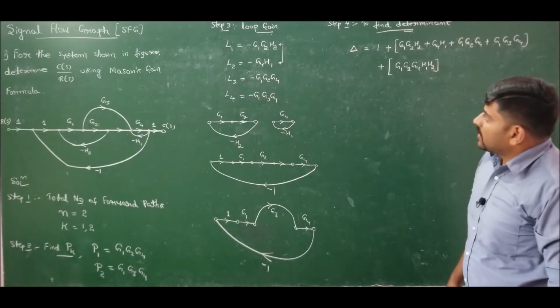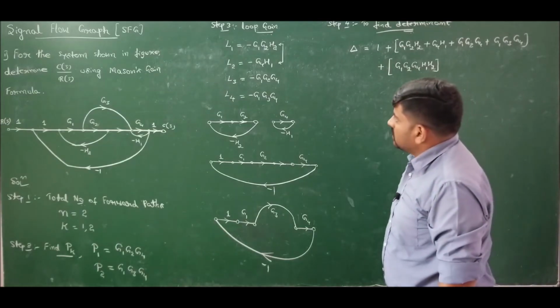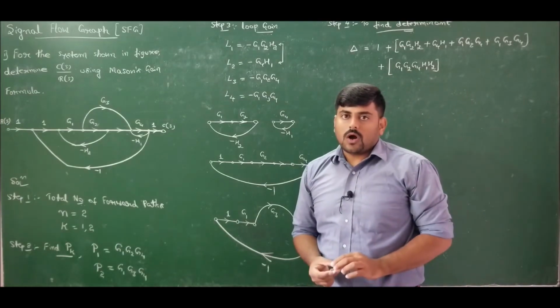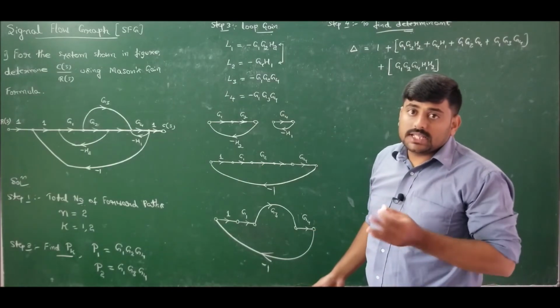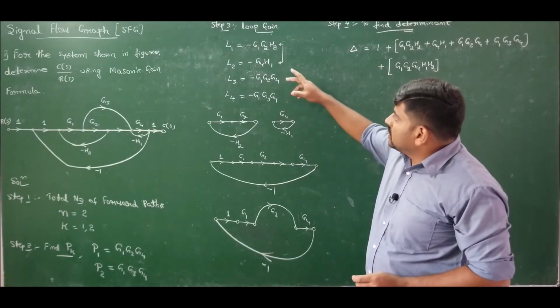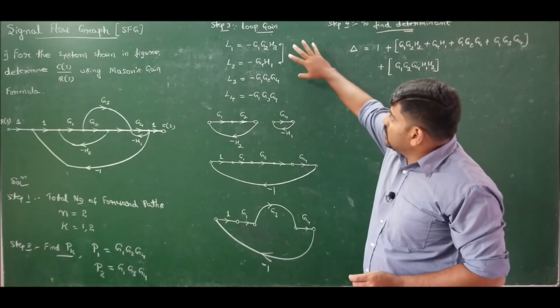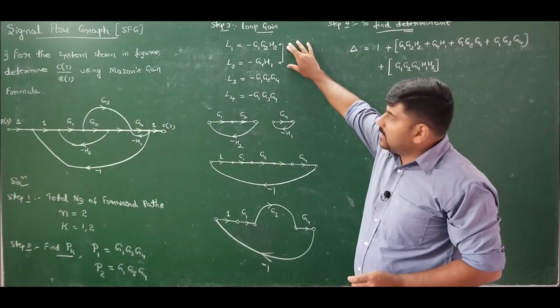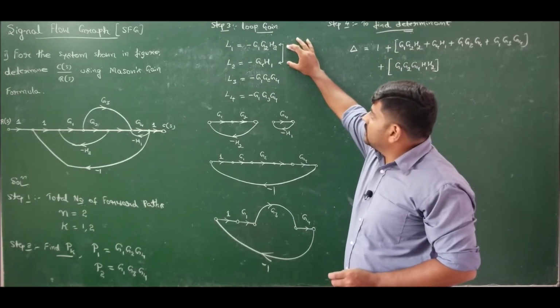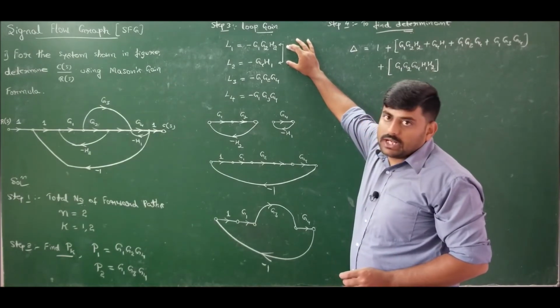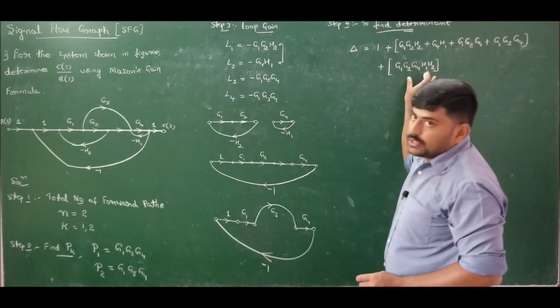Minus the sum of gain products of all combinations of three non-touching loops. There does not exist any three non-touching loops. We have only the non-touching two loops, L1 and L2. So in the sum of products of two non-touching loops, we have only one product, that is L1 and L2, so I wrote only L1 and L2.